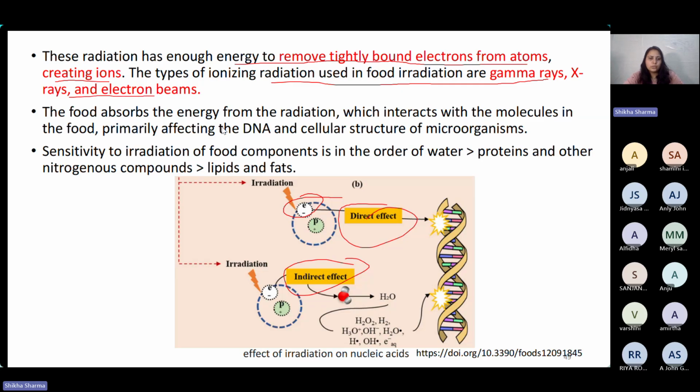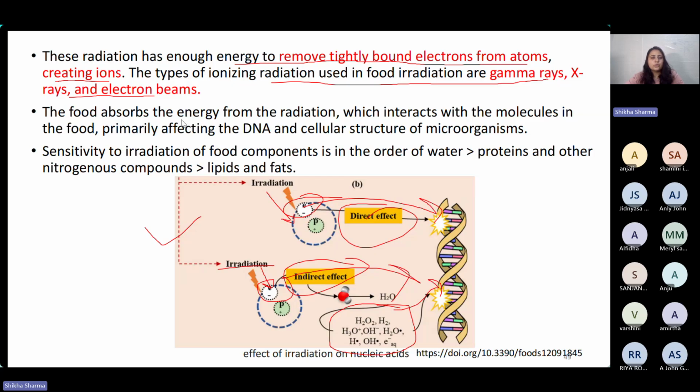The direct action is that the irradiation directly attacks the atom and frees these electrons, and these electrons affect the DNA of the microorganism. The indirect action is that the generated electron interacts with other molecules like H2O and forms radicals, and those radicals attack the DNA. So these are the two ways the microorganism's DNA is affected by the radiation.